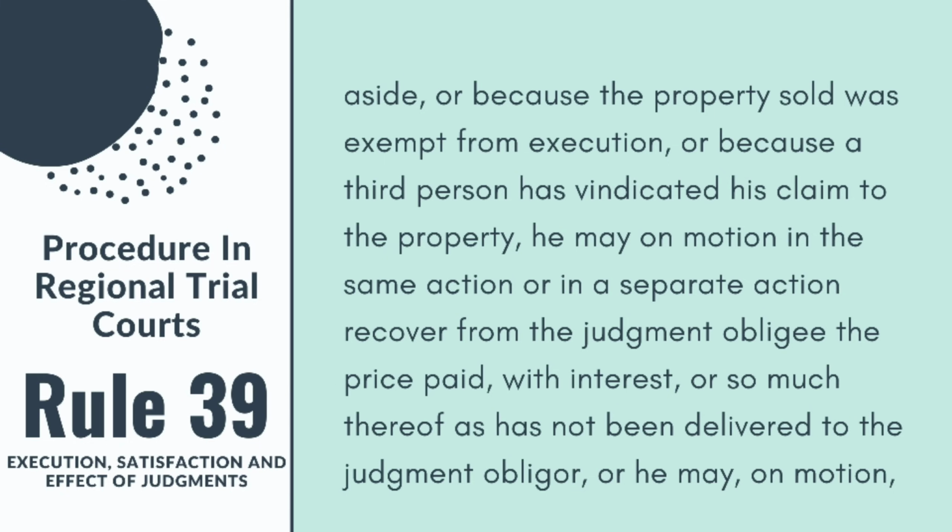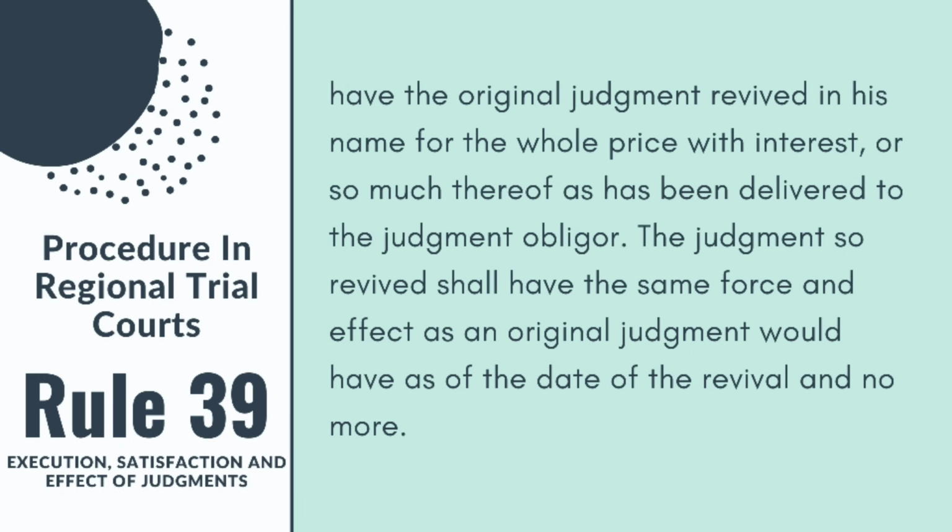Or he may, on motion, have the original judgment revived in his name, for the whole price with interest, or so much thereof as has been delivered to the judgment obligor.